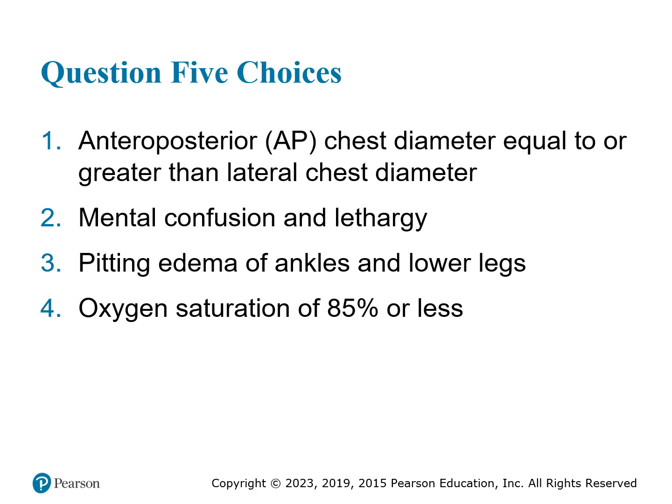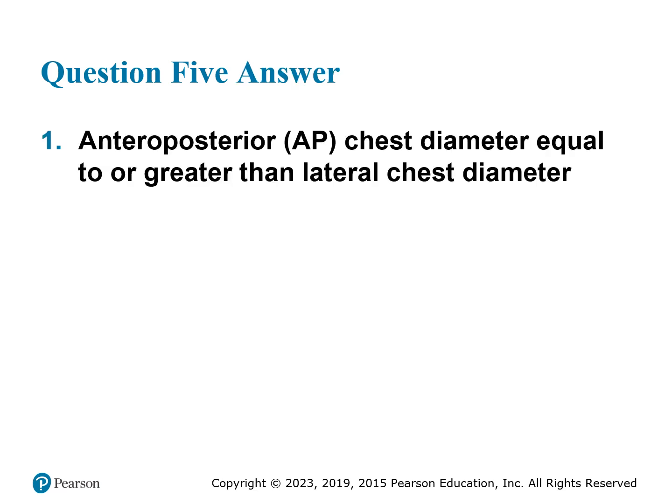Number 2, mental confusion and lethargy. Number 3, pitting edema of ankles and lower legs. Number 4, oxygen saturation of 85% or less. The correct answer for question 5 is anterior-posterior (AP) chest diameter equal to or greater than lateral chest diameter.